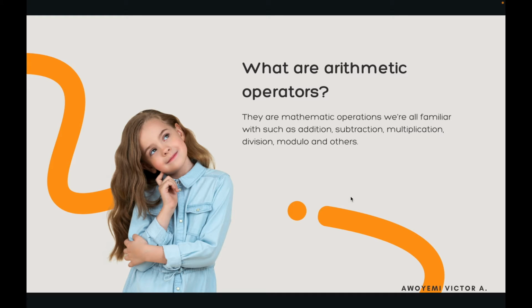So what are arithmetic operators? They are simply mathematical operations that we are all familiar with, such as addition, subtraction, multiplication, division, modulo, and others. These are the basic arithmetic operators.